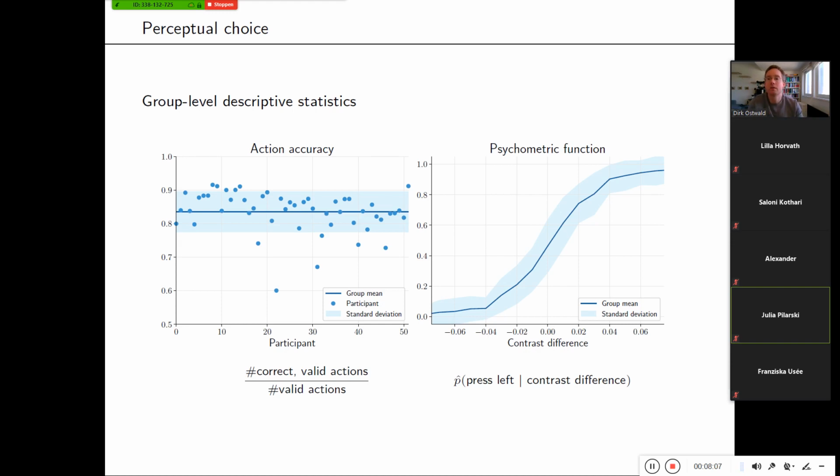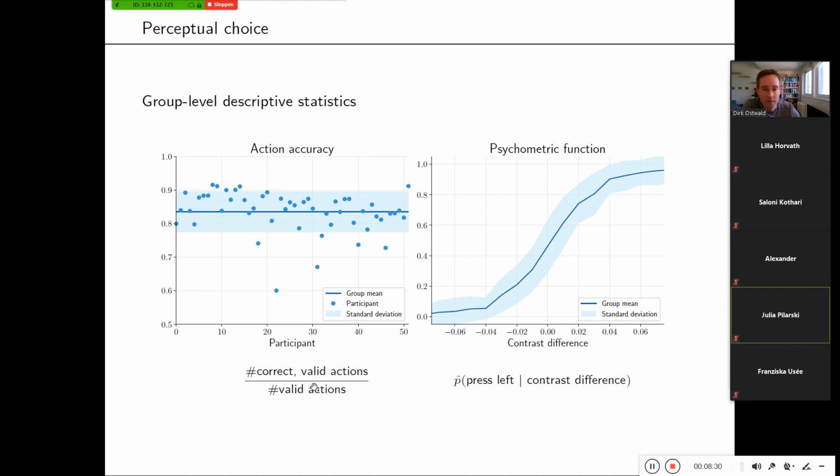What we have here on the left is the action accuracy, which is defined as the number of correct and valid choices divided by the number of valid choices. And by valid choices, valid actions, I should say, because we observe actions.